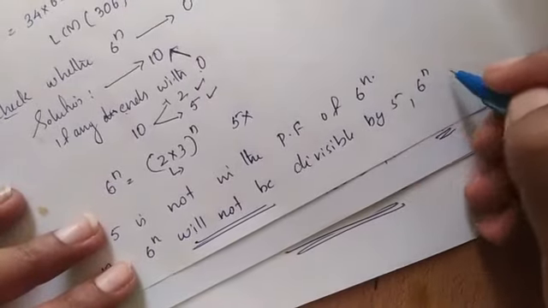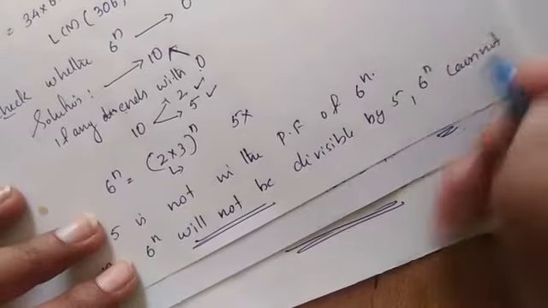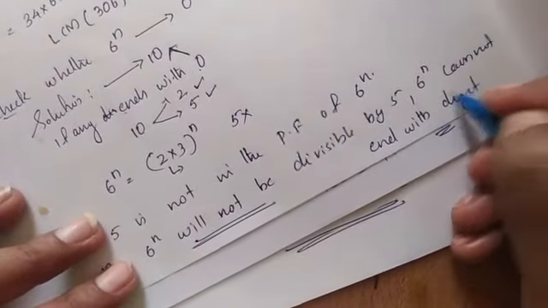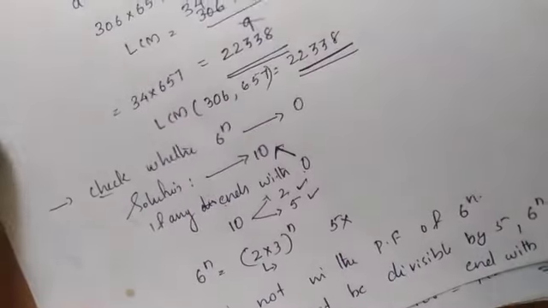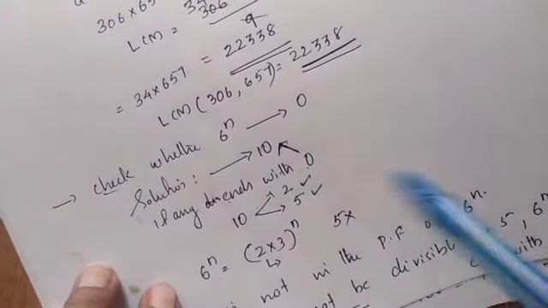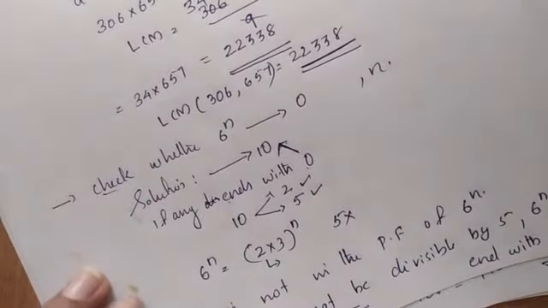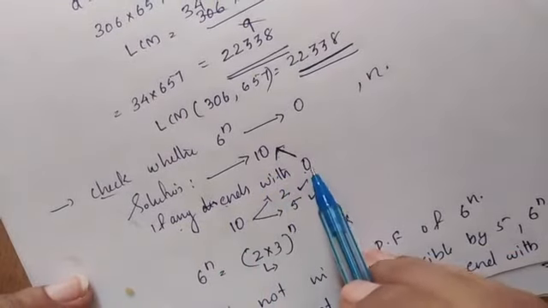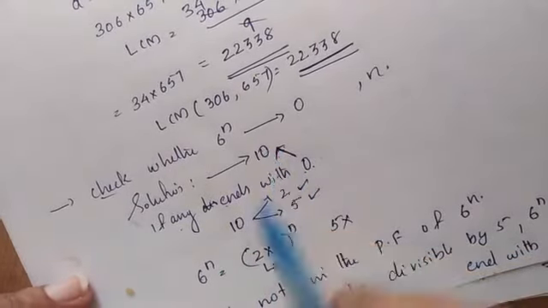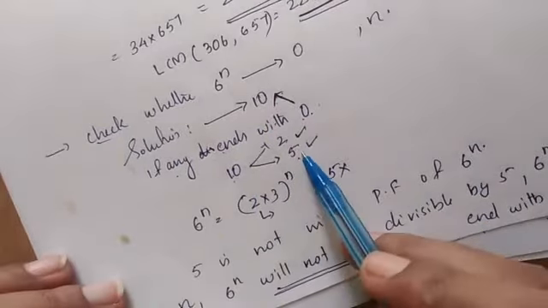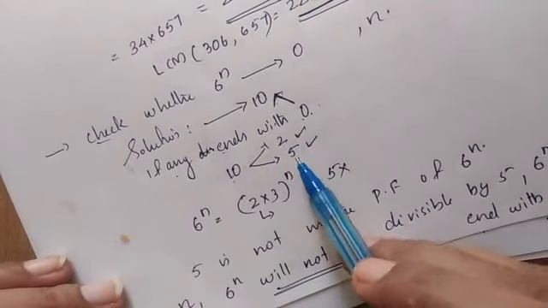So 6 raised to n cannot end with digit 0. Once again, the question is to check whether 6 raised to n can end with the digit 0 for any natural number n. If a number ends with 0, it should be divisible by 10. 10 has factors 2 and 5, so it should contain factors 2 and 5.